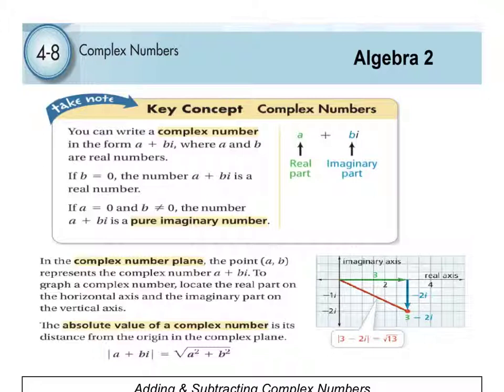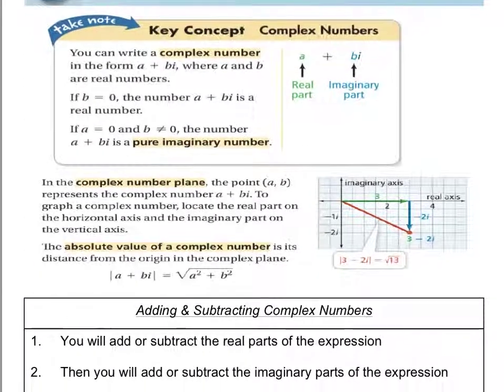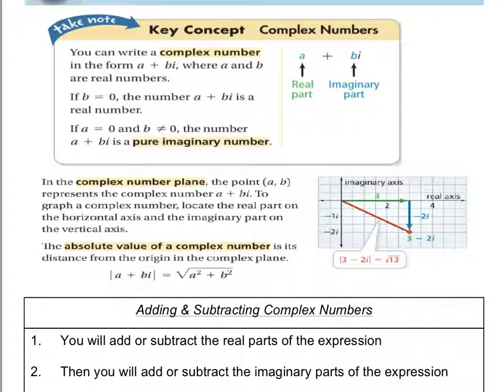Okay, next key concept deals with what we call complex numbers. Okay? And you can write a complex number in the form of what we call a plus bi, where a and b are real numbers. Okay, remember, i stands for an imaginary number. Okay, if b is equal to 0, the number a plus bi is a real number.